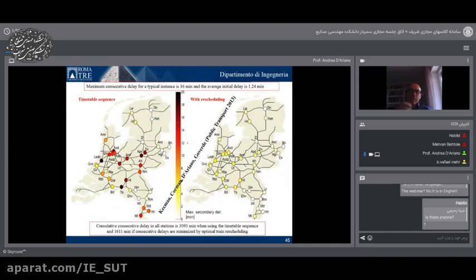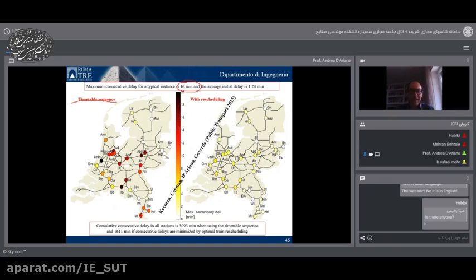Okay. Here, just to give you an idea of the importance of rescheduling, we took the whole country in the Netherlands, the Dutch railways, and we used as an input one delay, a 16 minute entrance delay. This delay starts spreading in the network if we keep the timetable sequence, and you can see the spread of delays here very easily because the white and yellow are small delays, the red, brown and black are the big delays.